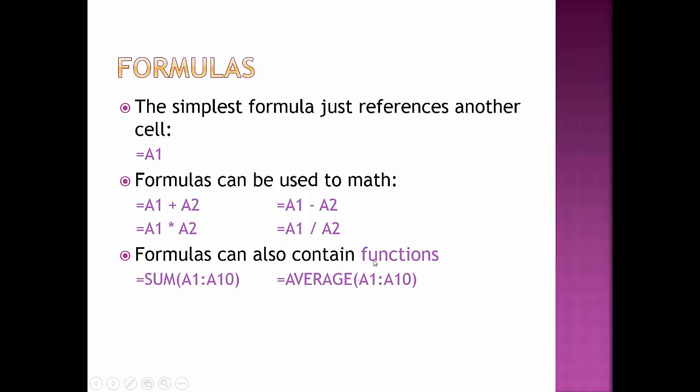You also have some functions, and functions are pre-built formulas. Ones that you'll use all the time are like the summing function and the average function and the minimum function and so on. But when you work with a function, you're typically going to throw in what we call a range right here, and we'll talk about ranges in just a minute. But what this would do, it would add up, it would sum everything from A1 to A10. It would average everything from A1 to A10.